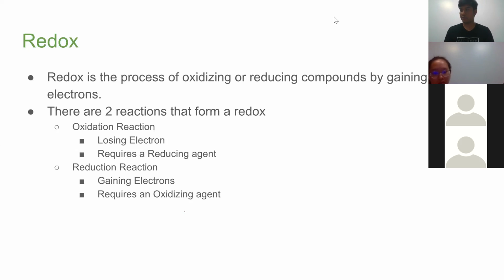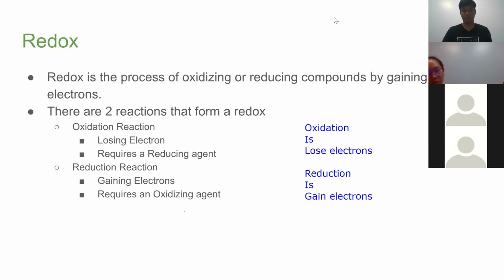So that's one of the ways to memorize oxidation reactions. Another one is using LEO the lion goes GER, where loss of electrons is oxidation and gain of electrons is reduction. So these are the different types of acronyms that will help you understand what I mean by that.